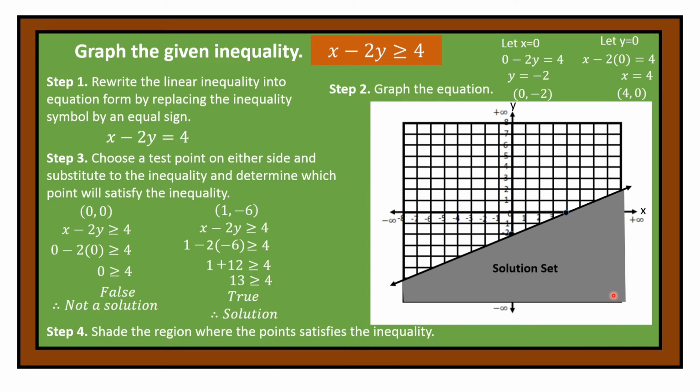So, ang tawag dyan ay solution set. Okay? Since gumamit tayo ng solid line, lahat ng point na dadaanan ng ating solid line ay part ng ating solution set. I-graph natin ang inequality y is greater than x plus 3.